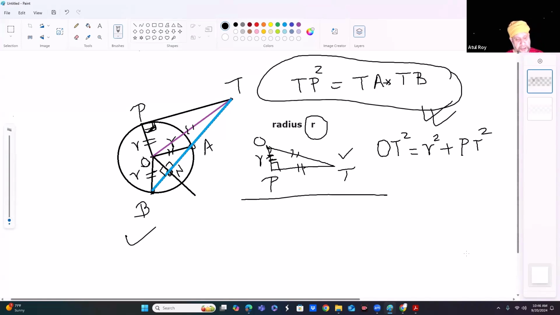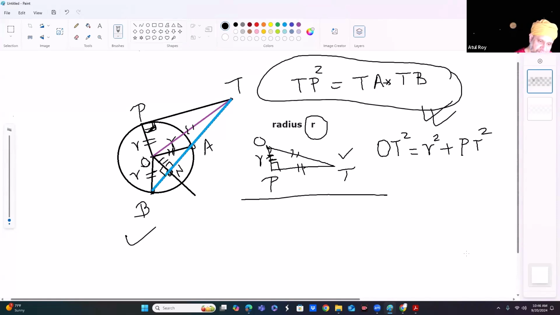Am I making sense? Right? And this line is common. Okay, all right. It would take you not too much to show that, you won't have to show much anyways.